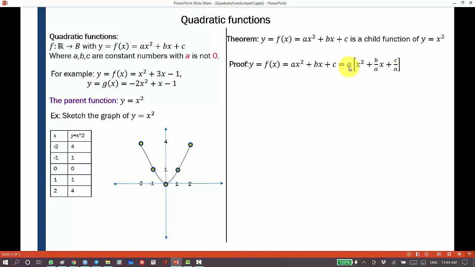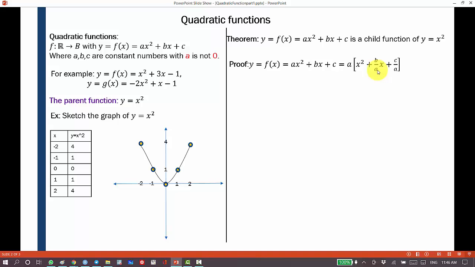Remember that since a is not 0, we can divide all three terms by a. If you look here, we have x squared plus b over a times x. These two terms are the first two terms of a complete square. What is missing is the last square. In order to add that last square, we divide b over a by 2 and square it.